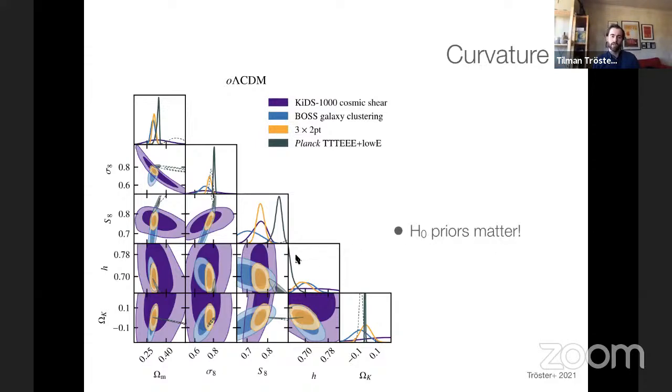Before it looked even worse, you can barely see the dashed line here, which is the fiducial Planck chain. But if you impose a reasonable H0 prior, you pull things together again, and also get a much tighter constraint from Planck around zero curvature. But there's nothing interesting to see here from our side. That's the summary here.